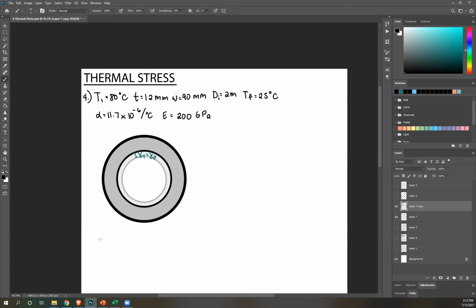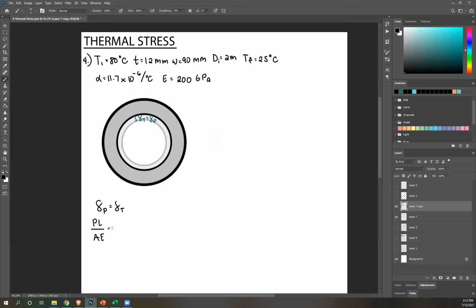Okay, so deformation due to force equals deformation due to temp. Force is PL over AE, and then this is alpha L change in T. L being its original length.